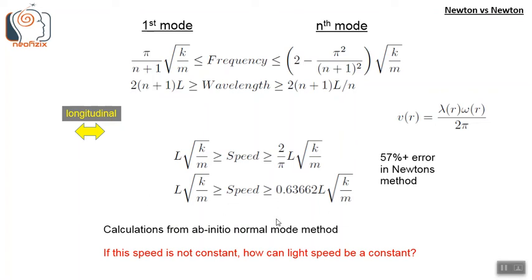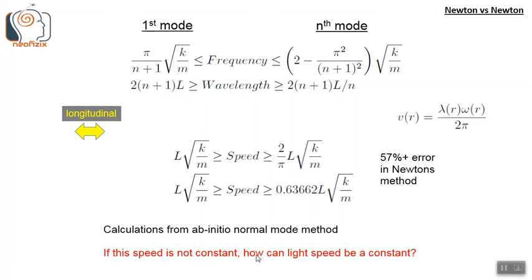So in a sense, Newton's own equations contradict his own analysis. Newton's analysis of waves on a stretched string is not consistent with the ab-initio force balance method. Newton's speed can be an overestimate in excess of 57% at higher frequencies.